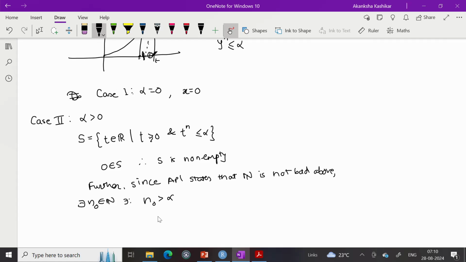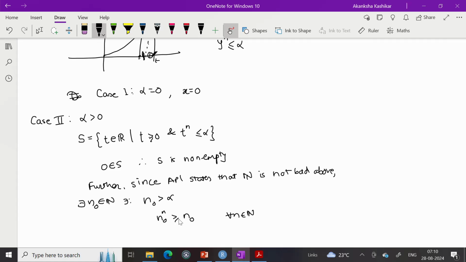Now what happens to n naught raised to n? N naught raised to n will be greater than or equal to n naught for every n in N. Correct? If I put n equal to 1, they will be equal. But as soon as I put n equal to 2, n naught raised to n will be strictly greater than n naught, unless of course n naught is 1.